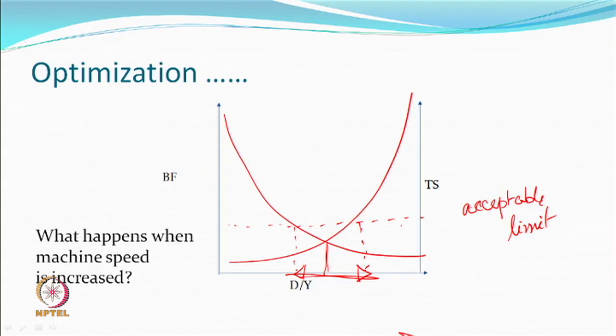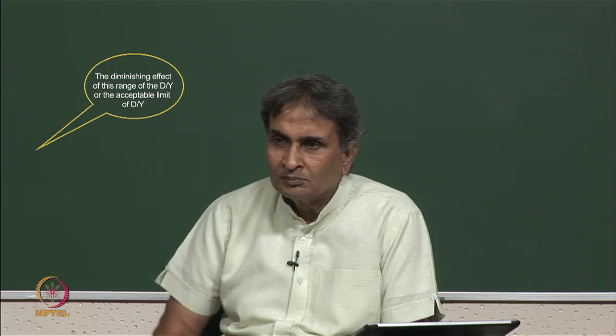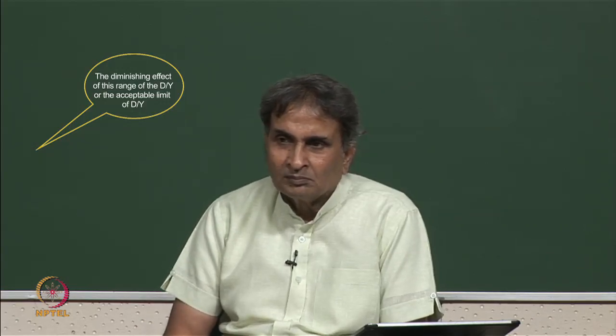You say something will happen anyway, so you only talk about limits. If you want to increase the speed and also want to have a large leeway, maybe your limits on the broken filament may have to be increased, but that may not be acceptable to the user.